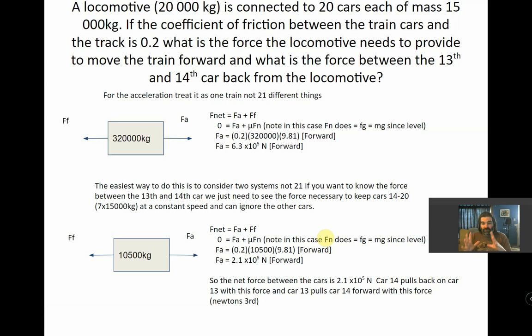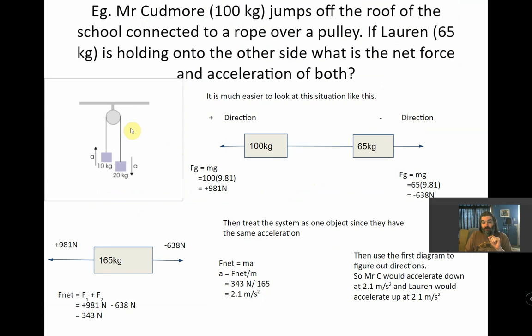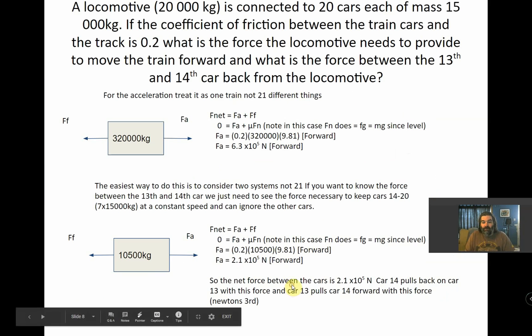So the trick to this is breaking it up and reorganizing it. By the way, I am going to ask you a reasonably tricky question on this that's going to require you to do something like this, but with one of them being on a slope. And again, here's the trick. Just straighten it out. You'll just have your FG triangle there. That'll be what is pulling the object. All right. Good luck.